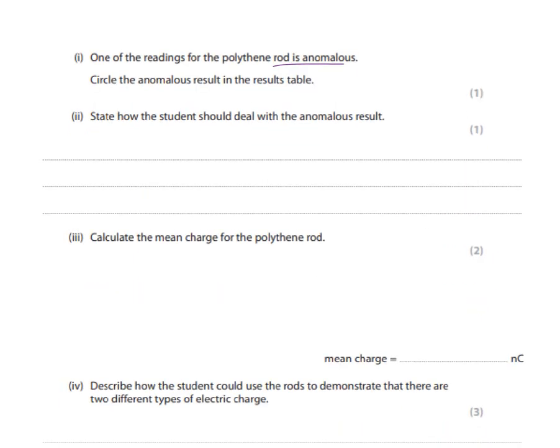The student can ignore the result. The student can pretty much not include that data in the mean.